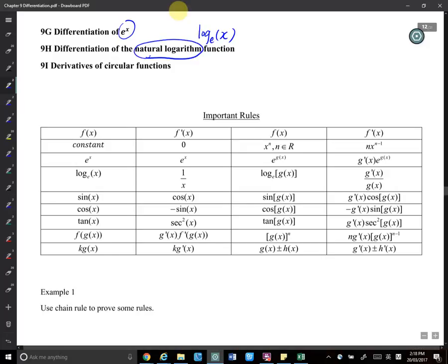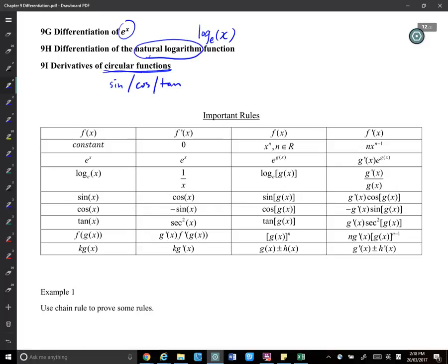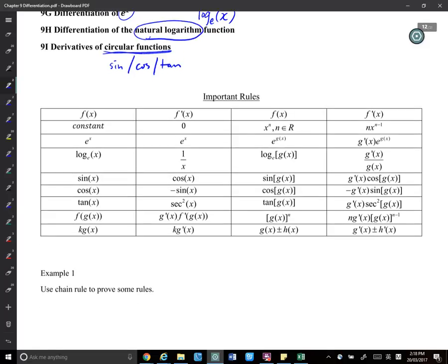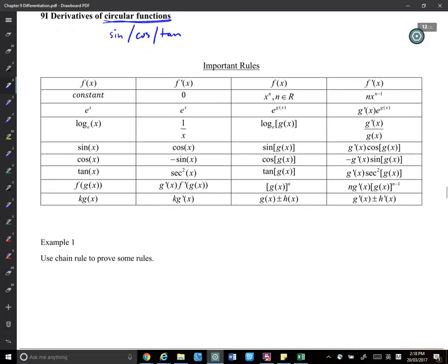And then I have derivatives of circular functions: sine, cosine, and tangent. So we have exponential, logarithm, and sine, cosine, tangent. We need to learn another 5 new rules. Okay, let's have a look at this table.